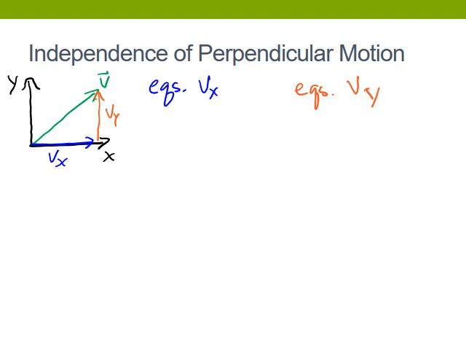And I never have to worry that I might somewhere get an equation that involves both x and y. I will never get this. They stay independent. So all of my equations remain separate.